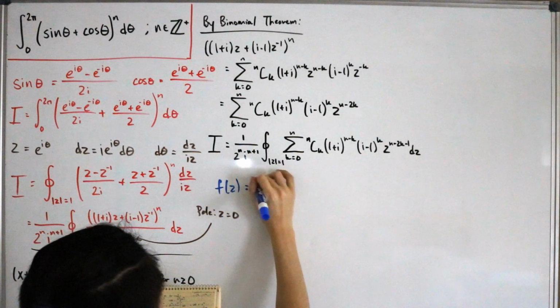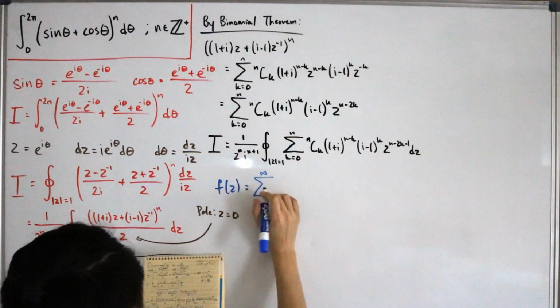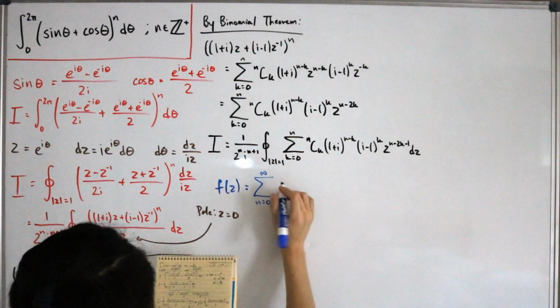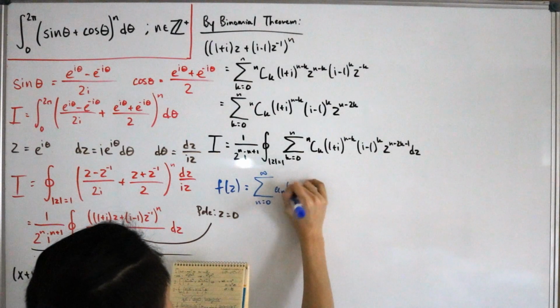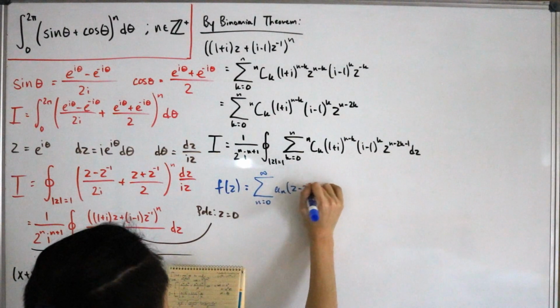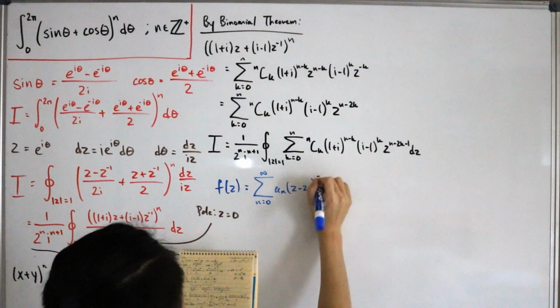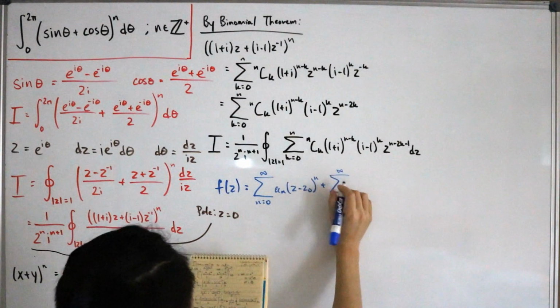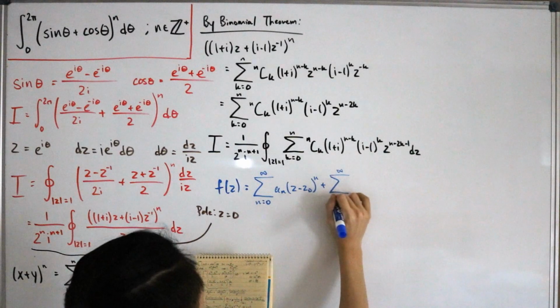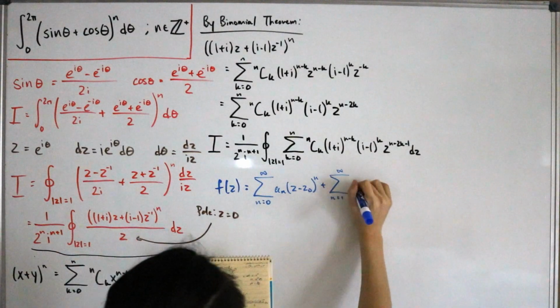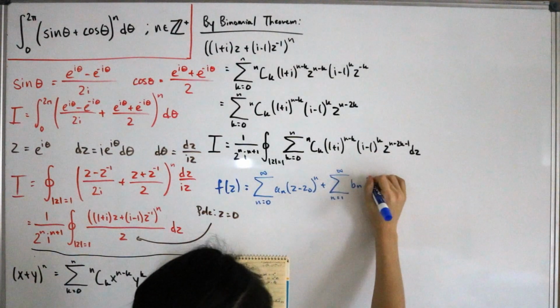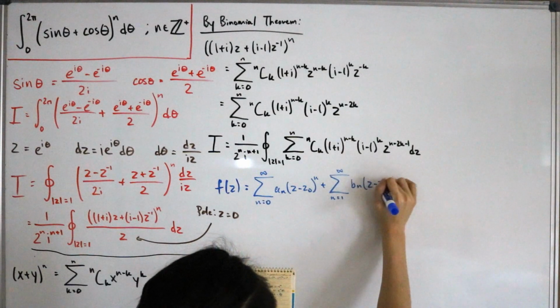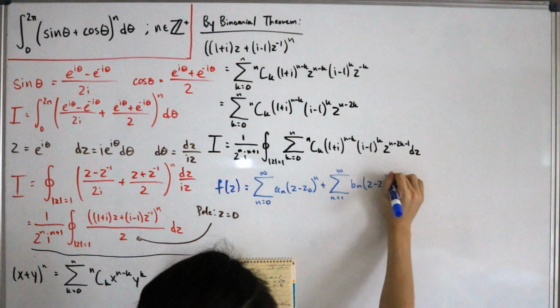This is the infinite sum, n equals 0, of a sub n times (z − z sub naught) to the power n, added with the infinite sum, n equals 1, of b sub n times (z − z sub naught) to the −n.